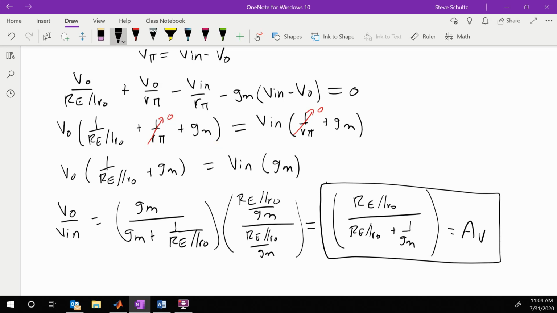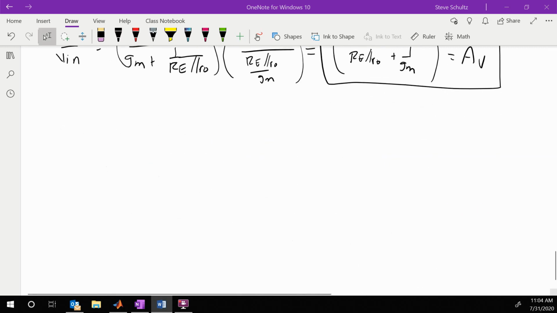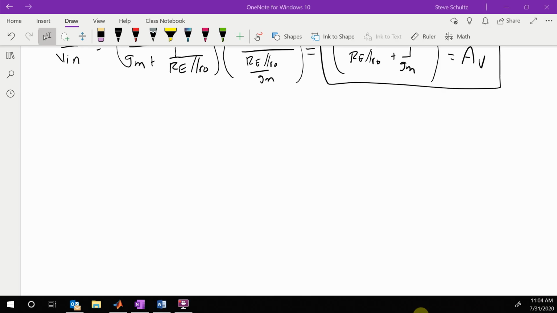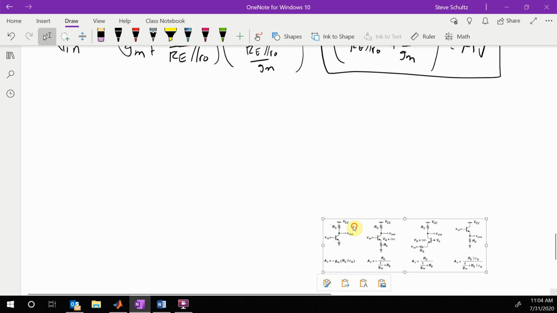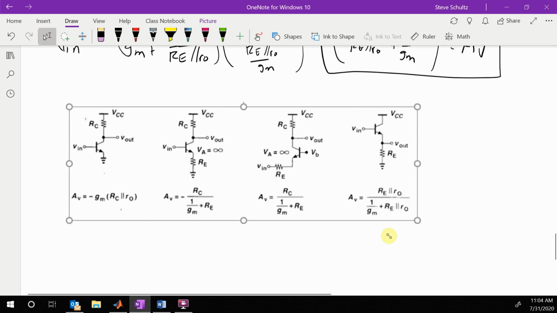And now that we've derived all of these, let me scroll down a little bit. And now here is our table from our sheet.